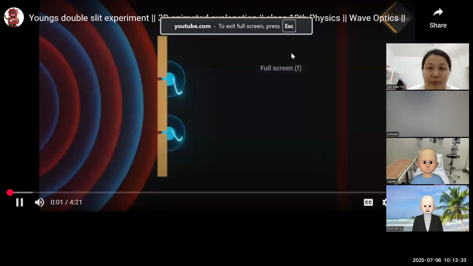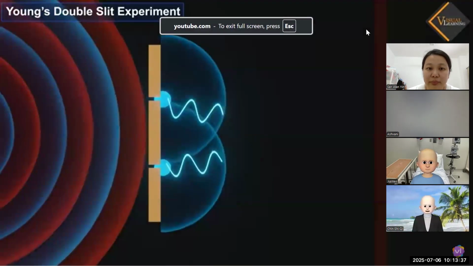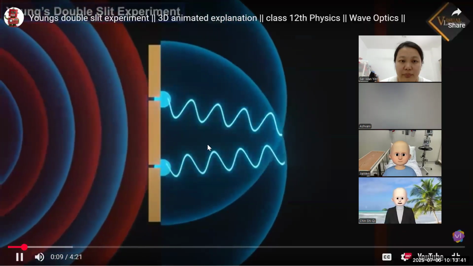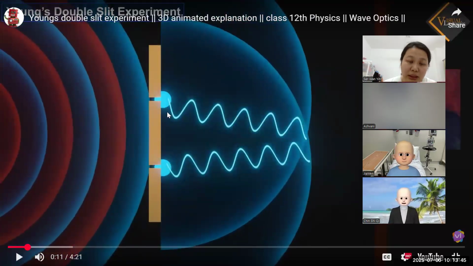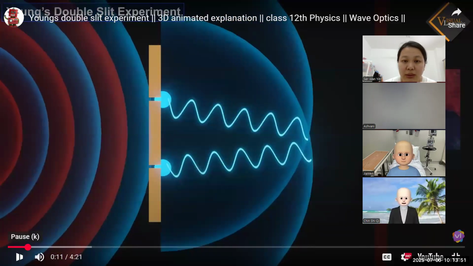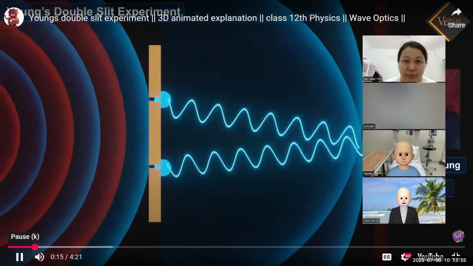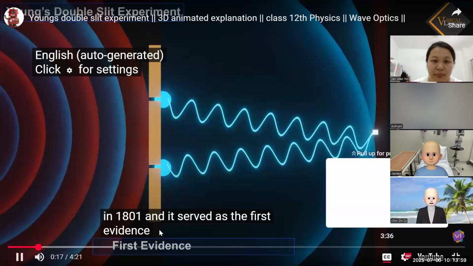In this video, we will understand Young's double slit experiment. The experiment is a remarkable one that reveals the wave nature of light. Young's double slit means he opened two slits and let the light pass through. Thomas Young performed this experiment in 1801, and it served as the first evidence for wave theory.